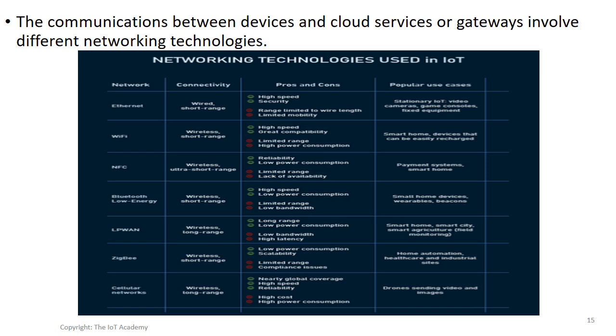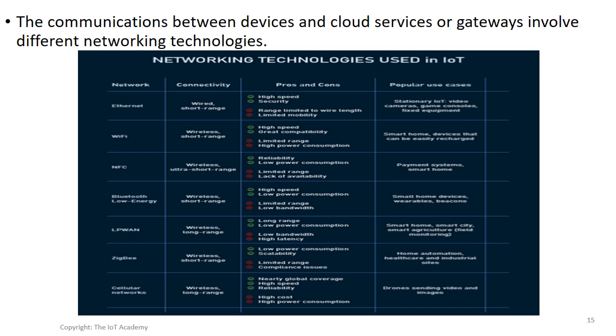The communication between devices and cloud service or gateway involves different network technologies like Ethernet, Wi-Fi, NFC, Bluetooth Low Energy, LPWAN, Zigbee, and cellular networks. Depending on the range, cost, and data rate, we can categorize them.